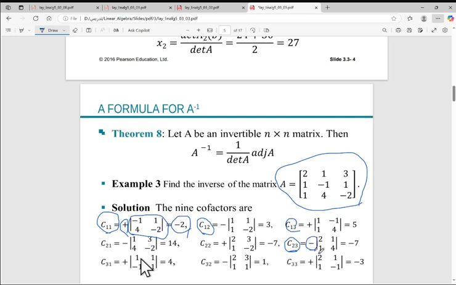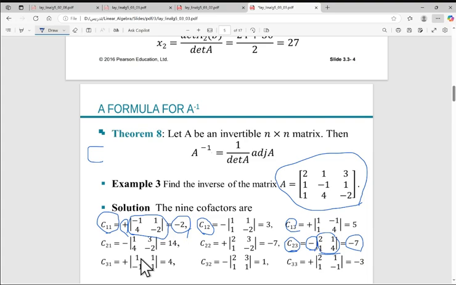And the determinant of the matrix resulting from removal of row 2, column 3, which is this matrix, is 7. So -1 times 7 gives you -7. In this way, you compute matrix C.